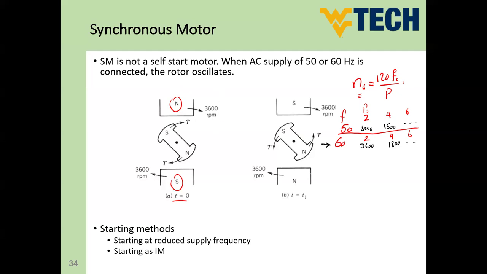So assume that you have here an S pole and an N pole for the rotor. Let's focus on this side of the rotor right now. So this is S, and at one instant you have N at this side. The logic is that this pole S is going to be attracted to pole N. Why? By the nature of the field lines, the field moves from N to S, then moves through the rotor and returns back to S like that.